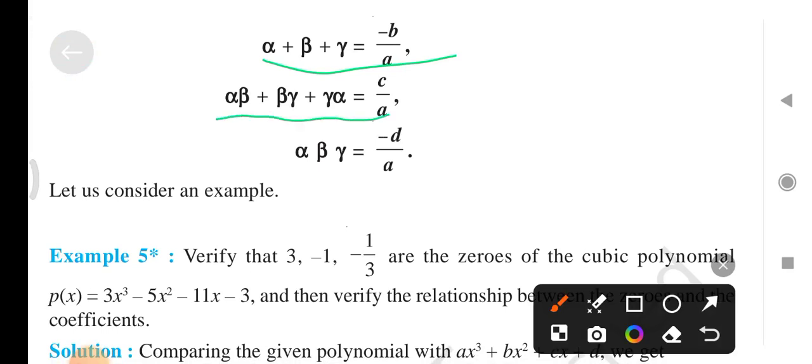Alpha beta plus beta gamma plus gamma alpha is equal to c by a. Alpha beta gamma is equal to minus d by a.